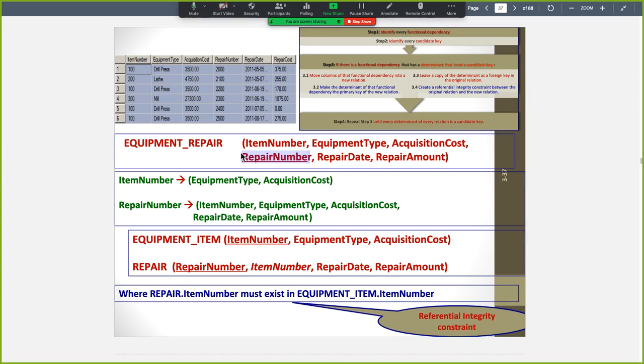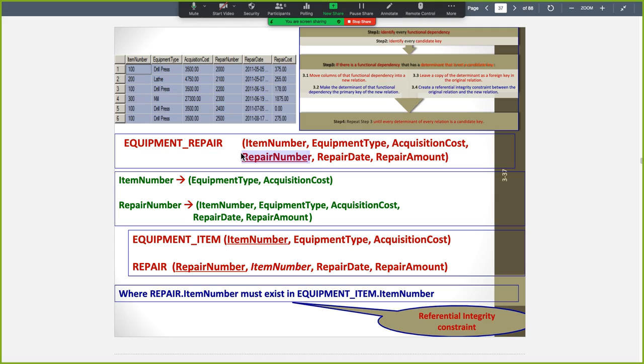So for the primary key, when we talked about determinants last lecture, we need to know that if I know repair number, can I 100% for sure know item number, equipment type, acquisition cost, repair date, and repair amount? If the answer is I'm not quite sure, then you have to select another primary key, or the alternative is you have to split the table into multiple tables, so each table has its own primary key.